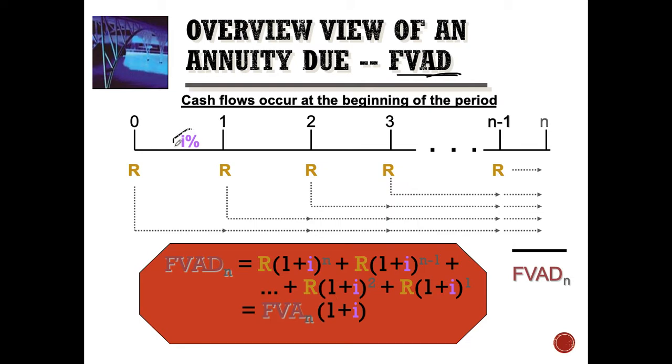This is the interest rate. This is the periodic cash flow. For example, N is here. So this is the formula of future value annuity due.